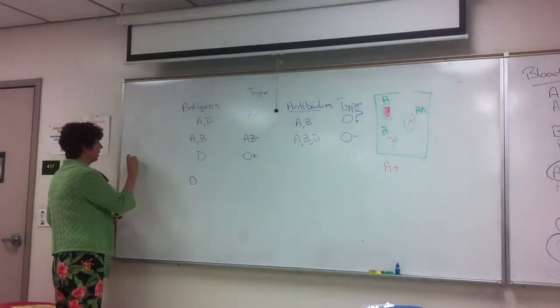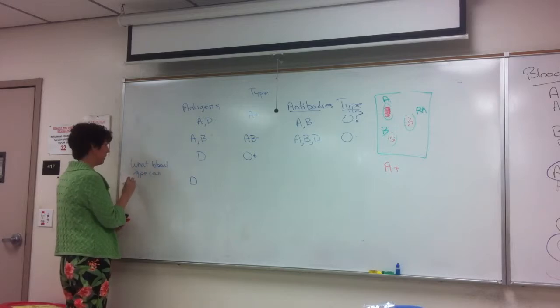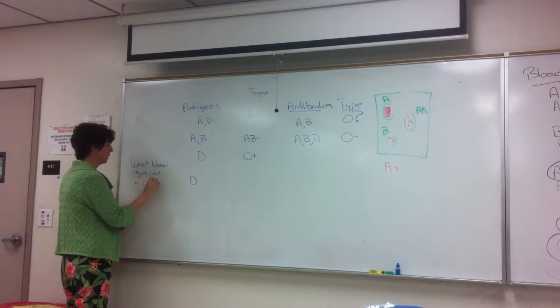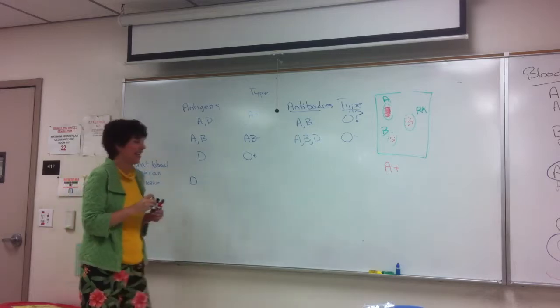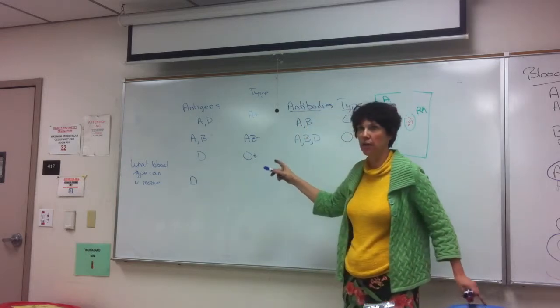So antigen is D. The question is, what blood can you receive from? What blood type can you receive? And you're one step ahead of the morning class because I didn't ask them this question. So what information do you need to know?